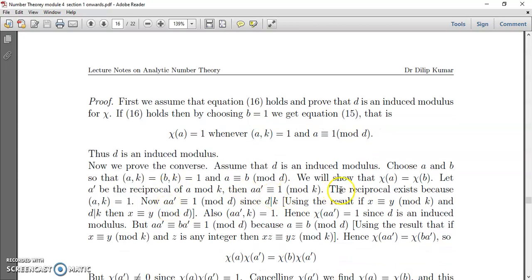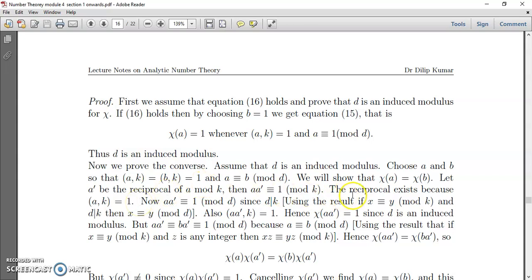Now since GCD of (a, k) is 1, we can find a multiplicative inverse mod k for this a. We take it as a prime. a prime is the reciprocal of a mod k. Then clearly, by the definition of the reciprocal, a a prime is equal to 1 mod k. The reciprocal exists because GCD of (a, k) is 1.